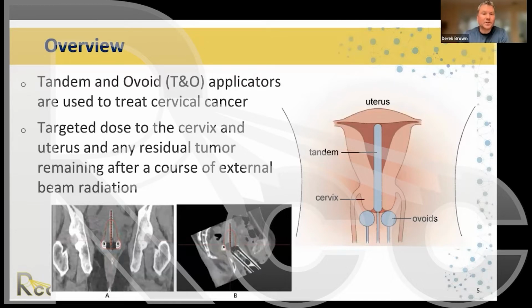And they've shown that it's just not possible to get enough dose to the uterus and the cervix using external beam because we go over our dose tolerances for our organs at risk. So the only way for us to be able to get enough dose to the cervix and uterus to have a curative dose or to cure our patients definitively is to use brachytherapy. So it's kind of a combination of external beam and then boosting with brachytherapy.